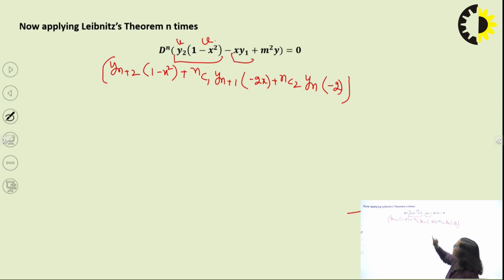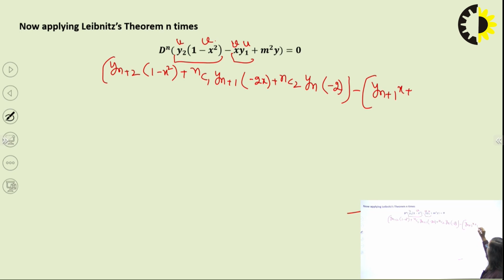Coming to the second pair, xy1. Now here also this x is taken as v, this y1 is taken as u. So apply the Leibniz for this pair, and the derivative of y1 is yn plus 1 into the second function x as it is, plus nc1, one lower to yn plus 1 is yn, and one higher to x derivative is 1, and next order derivative to 1 is 0.